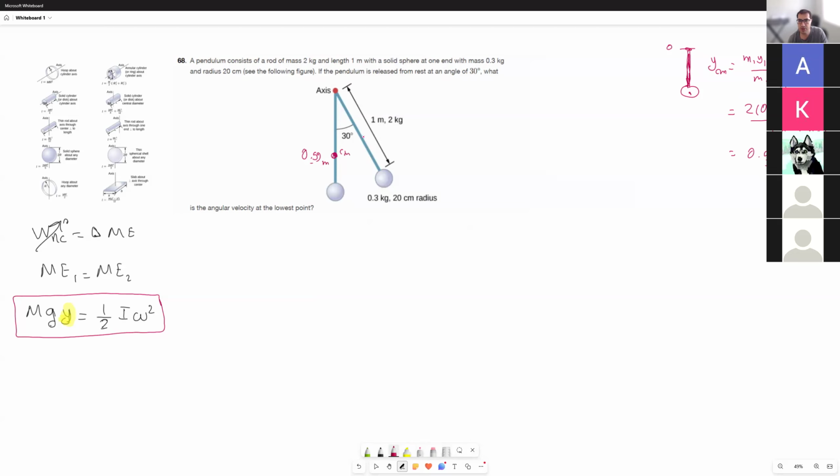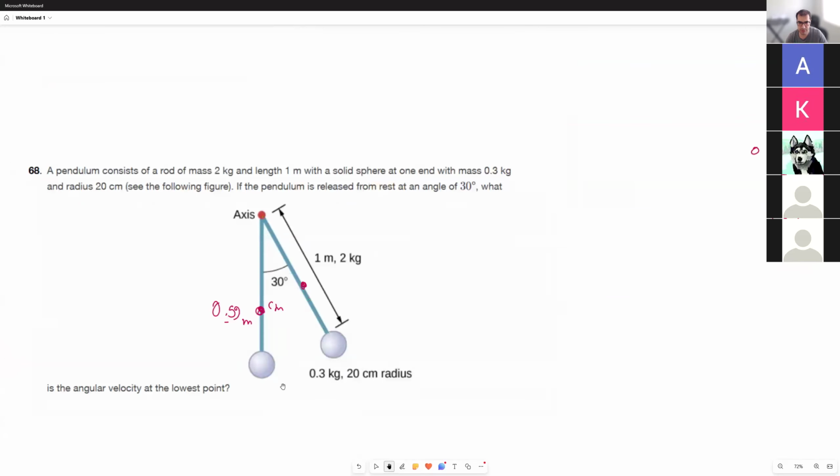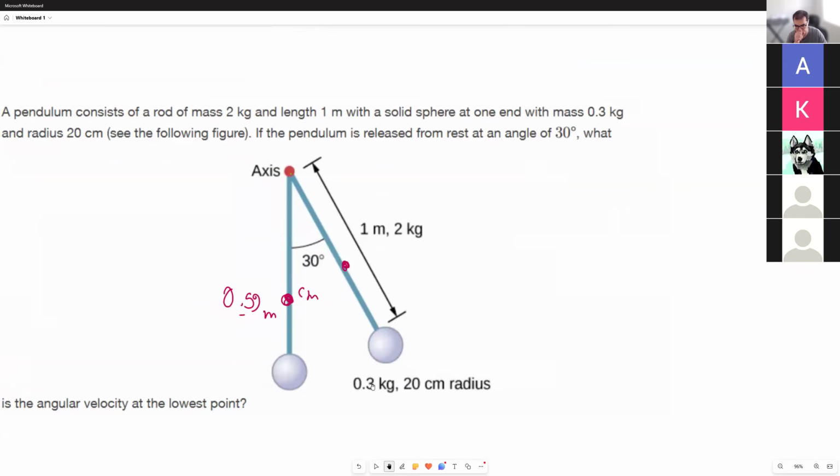Now, what's going to be the height of the center of mass at this position? Exactly, Eric, that's totally right. If this is the center of mass, let me zoom in on the geometry of it. This is 0.59.